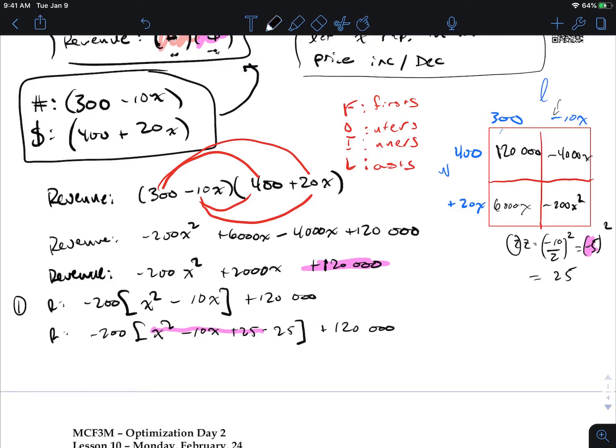So then R equals negative 200 multiplied by x minus 5 squared, minus 25. Then the last step is to put the 200 in. Sorry.